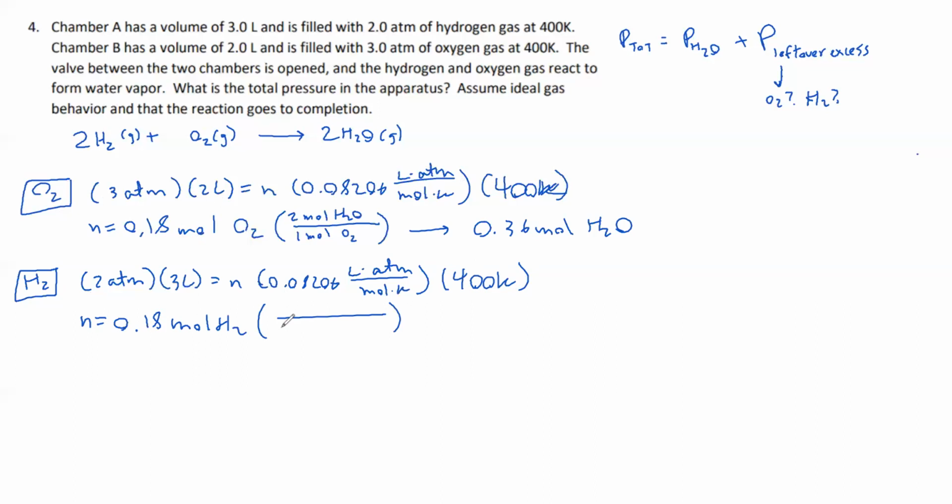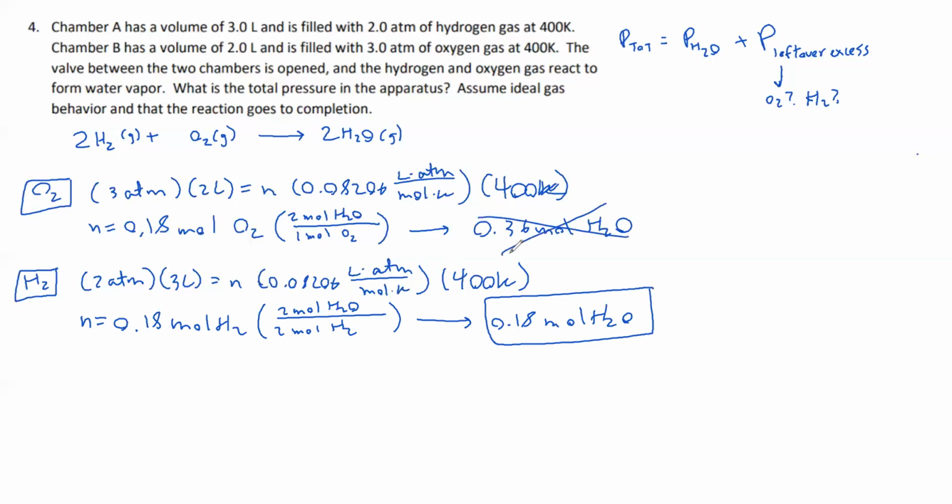So for every 2 moles of hydrogen, 2 moles of water, getting that from the balanced equation. So this amount of hydrogen gas that we have can only make 0.18 moles of water. So this is how much water we're actually going to make, because we're going to run out of hydrogen gas. So we cannot make this 0.36 moles of water because we run out of hydrogen gas first.